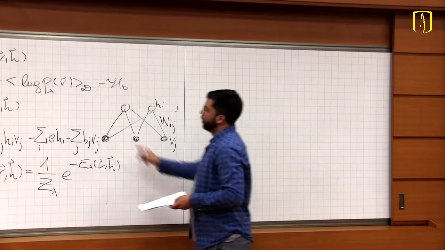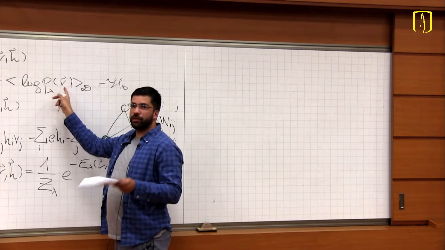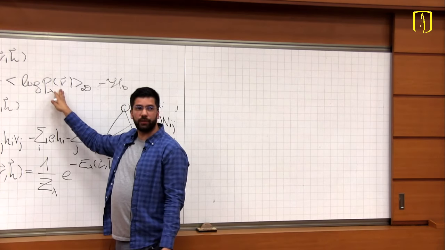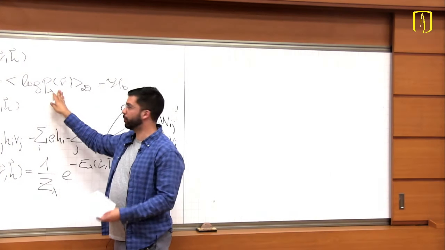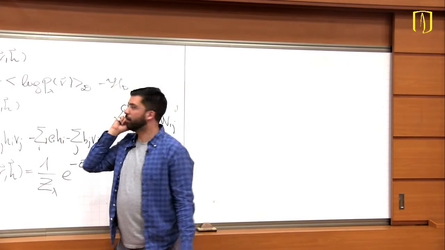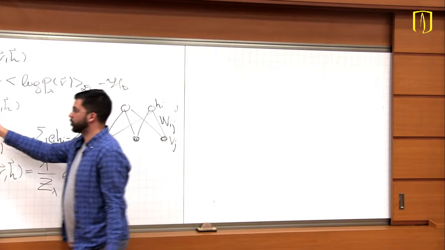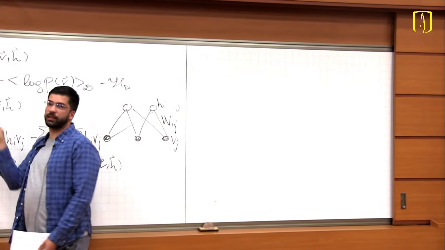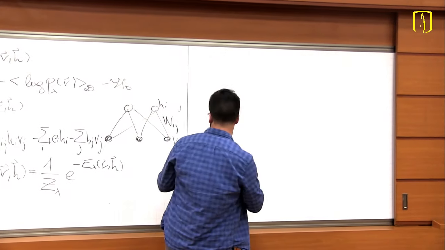Okay, so our cost function contains this marginal over the visible layer, and we want to minimize this, so we will need to take the gradients as we did before. And to take the gradients, essentially we need to compute this first. We need to take this sum explicitly. So that's what we're going to do now.